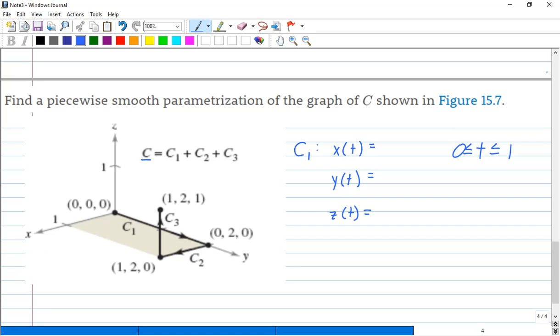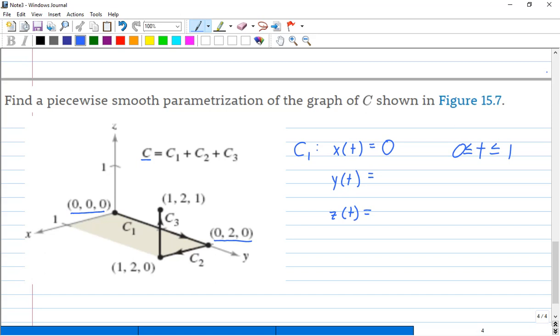Okay, so if we look at the 2 points, this point right here that starts C sub 1, and this point right here that would end C sub 1. You see the direction this is going. Alright, and so to get from 0 to 0 on the x, that would just simply be 0.